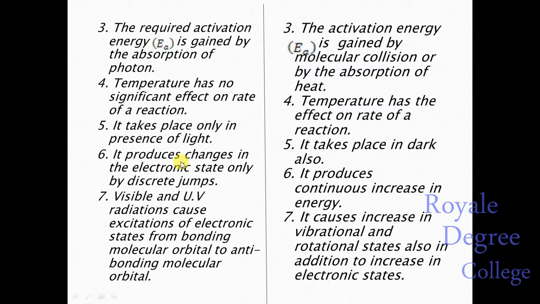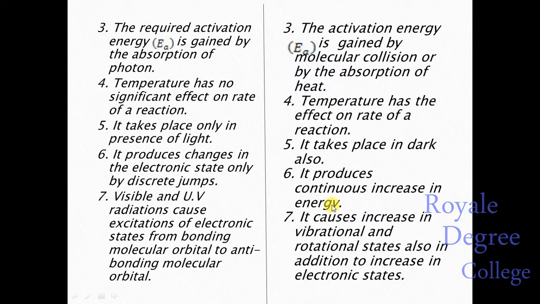The next difference is that it produces changes in the electronic state only by discrete jumps. Which reaction produces the changes in the electronic state? That is the photochemical reaction. But in the case of the thermal chemical reaction, it produces a continuous increase in energy.